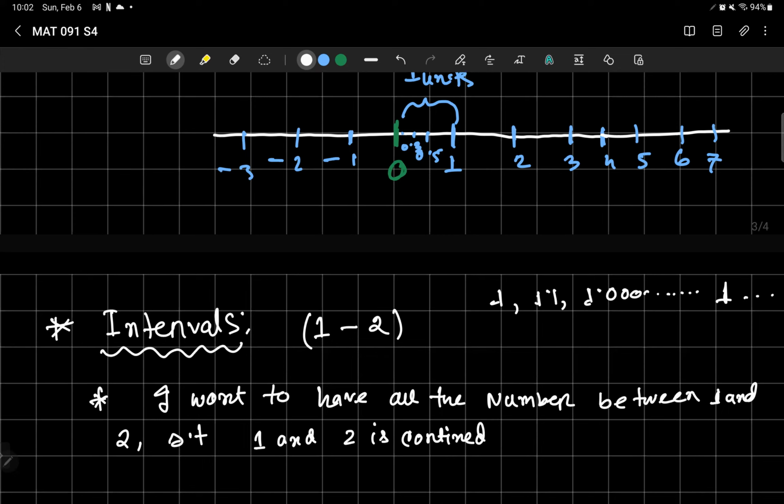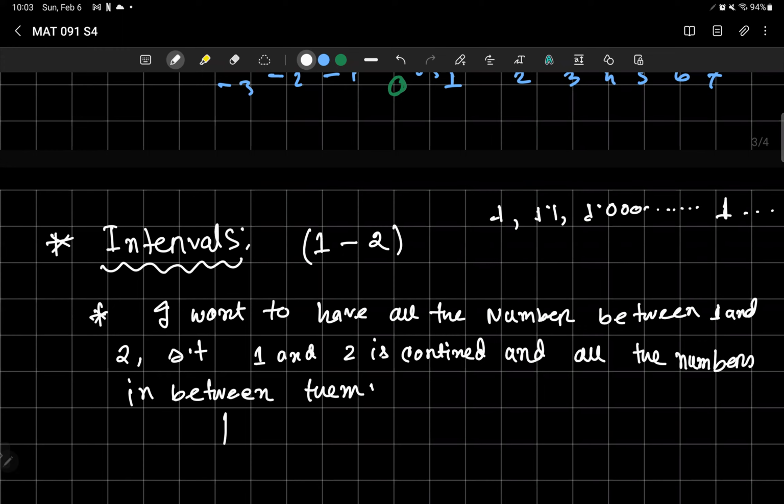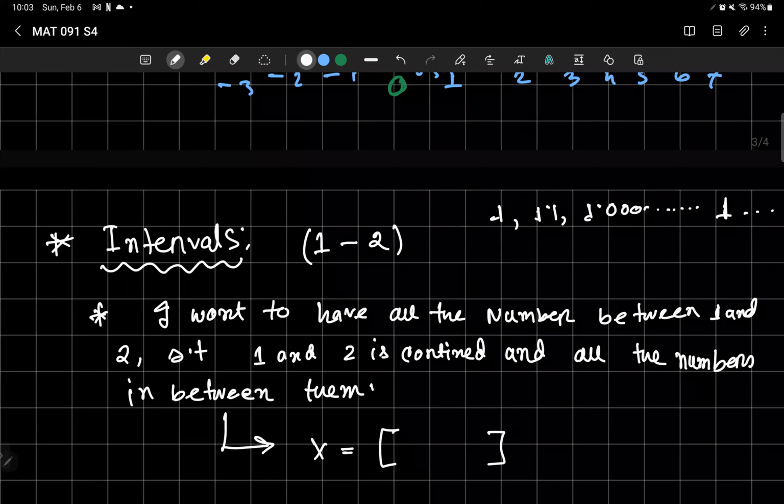Let's call it a set because at the end of the day, these are indeed a collection of numbers. The way to express that set, let's call it X, is to put third braces and write 1 and 2.